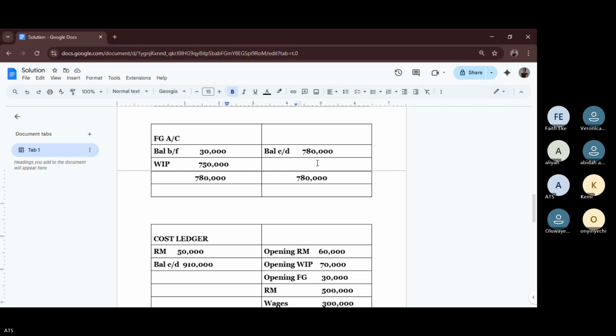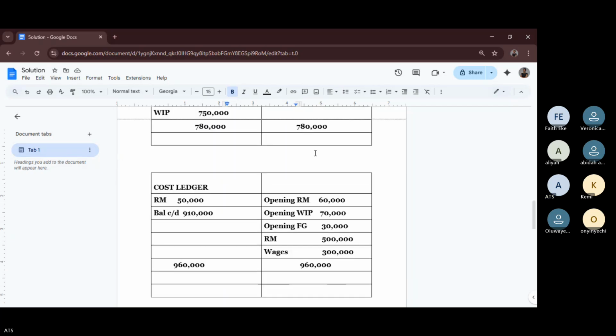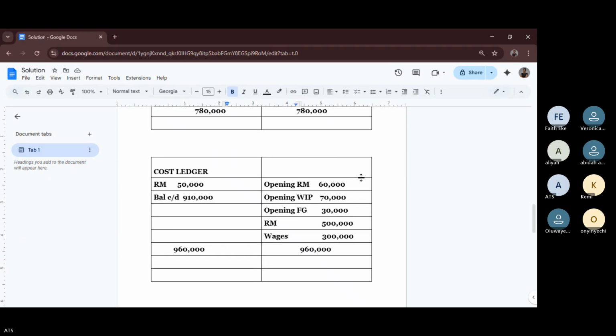Our balance CD for cost ledger is 910, not 916.